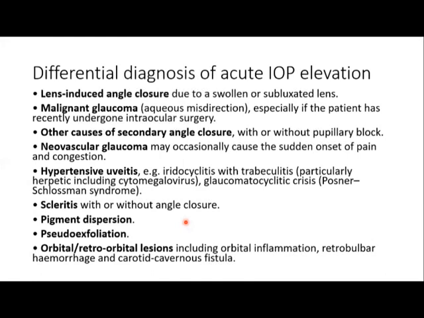Then hypertensive uveitis, for example iridocyclitis with trabeculitis, particularly herpetic, including cytomegalovirus. Then glaucomatocyclitic crisis, that is Posner-Schlossman syndrome. Then scleritis with or without angle closure. Then pigment dispersion, pseudoexfoliation, then orbital or retro-orbital lesions, including inflammation, retrobulbar hemorrhage, or carotid cavernous fistula. All these are differential diagnoses for acute intraocular pressure elevation.